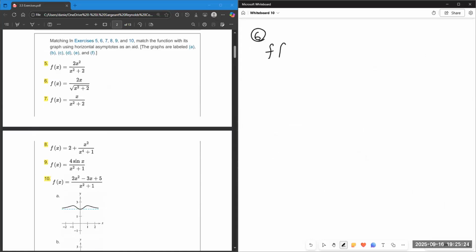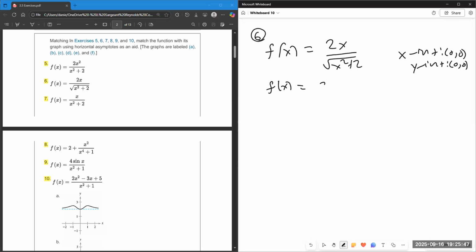Six says f of x is equal to 2x over root x squared plus 2. Again, domain is all real numbers. We again have an x-intercept at 0, 0, which is also our y-intercept at 0, 0. Let's take our limit now. After we rewrite this function as such, 2x over absolute value of x times square root of 1 plus 2 over x squared.